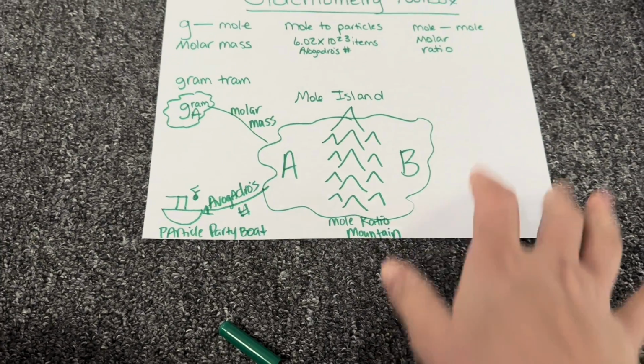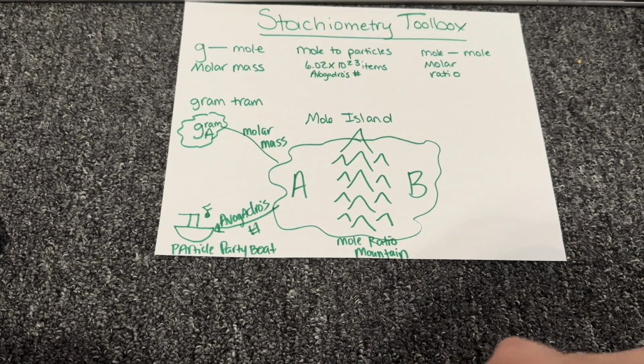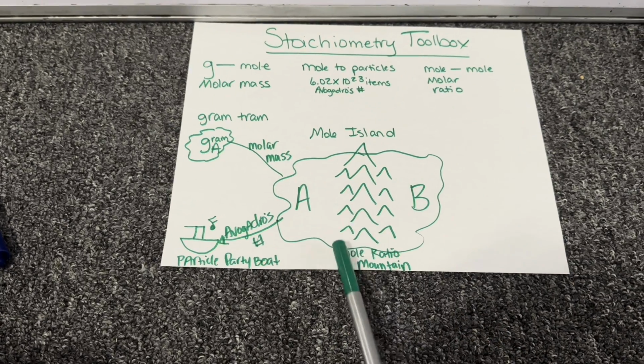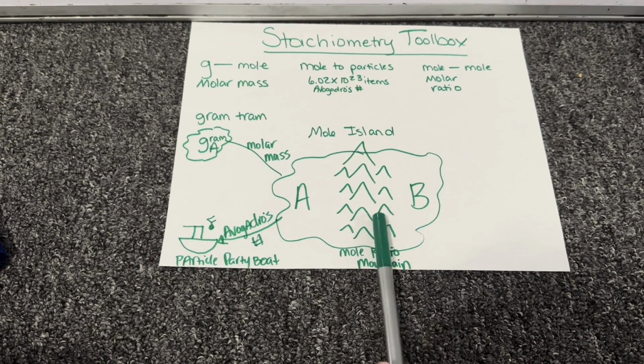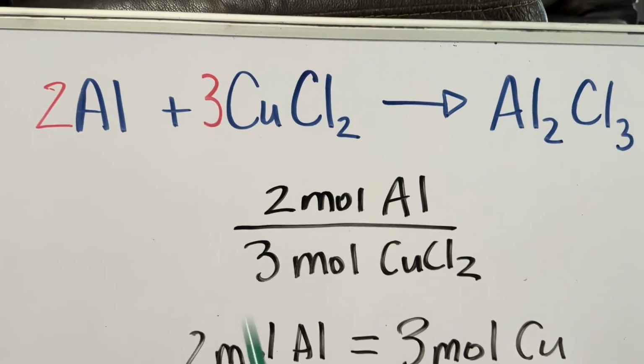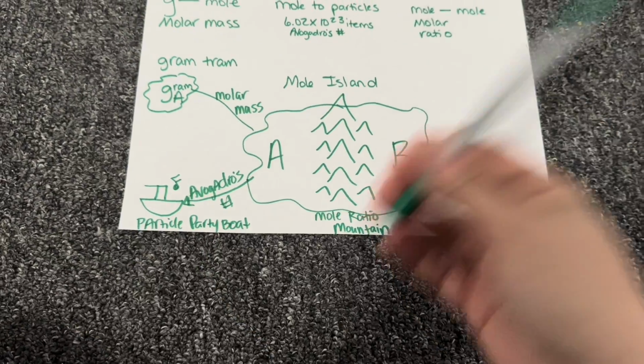Right? So this is just a visual representation of how we apply all of these different conversions, right? So if we want to go from mole A to mole B, we've got to pass through mole ratio mountain. We've got to pull our mole ratio from our coefficients in our balanced chemical equation, right? Because it's going to link mole A to mole B. Maybe even mole C and D, right?